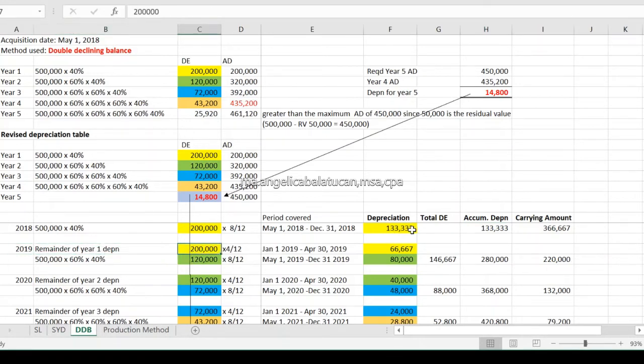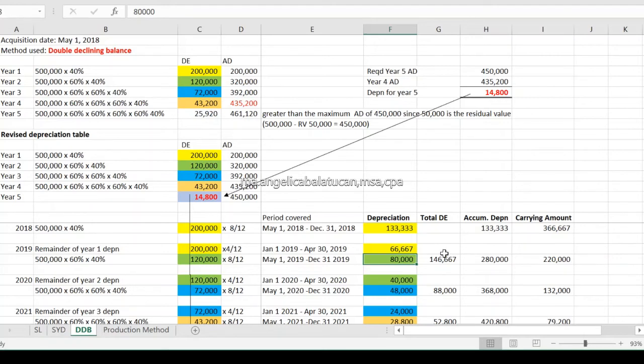For 2019, we have the remainder of the year 1 depreciation. So 133,333. So we need 200,000. So the remainder is 66,667. For year 2, we have 120,000 and multiply that by 8 over 12. That's from May 1 to December 31, 2019. Okay, so that's 80,000 pesos.